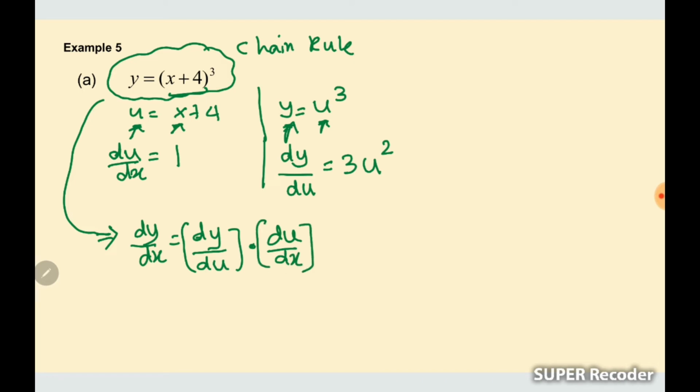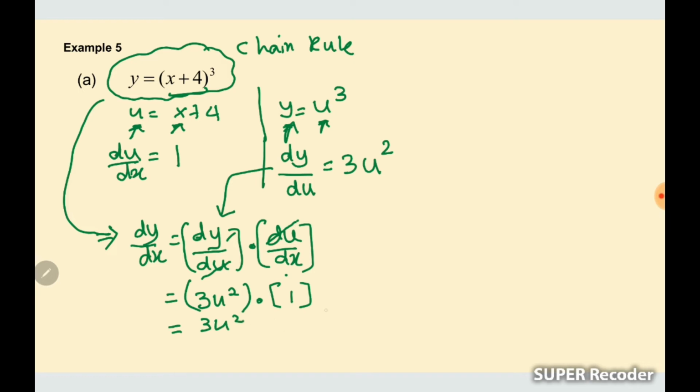Please take note that if we cancel out du here, you get back dy/dx. So what is dy/du? You can substitute here, dy/du is 3u squared, multiplied by du/dx, which is 1. So this is the answer, 3u squared.